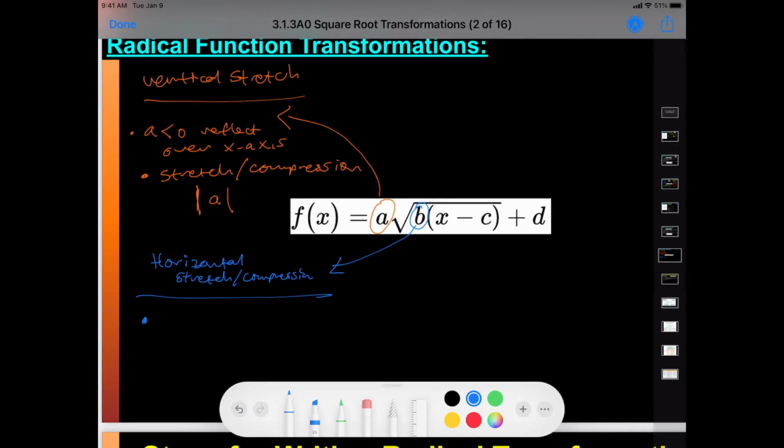And if this number is less than 0, it's going to reflect over the y-axis. And then the factor, they call it, is the absolute value of 1 over b.